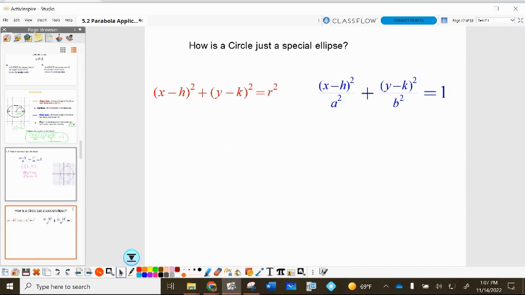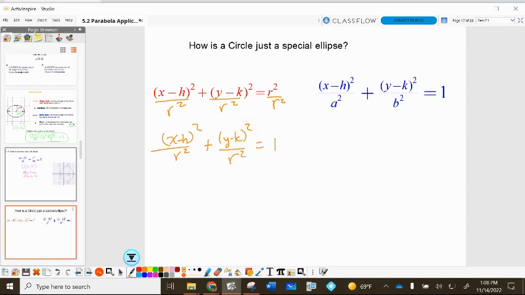Okay, so how is the circle just a special ellipse? Well, if you think about it, the difference between this equation and this equation, an ellipse always needs to be equal to 1. So if we wanted the circle to be equal to 1, we would just divide each of the terms all the way through by r squared. And so that would give me equals 1. So it would be x minus h squared over r squared plus y minus k squared over r squared equals 1.